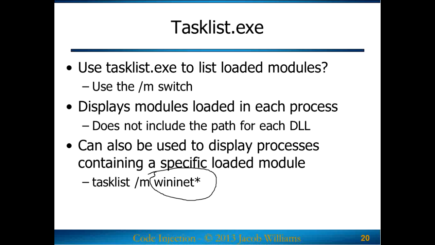This is another one that I like to use here, the Tasklist /m wininet. Wininet is actually used for the Windows Internet functionality. So it's basically the underpinning, the library that has all the underpinning for all of the Internet Explorer stuff. Again, if you want to create an HTTP request, if you want to download a file from a web page, wininet is where you go.